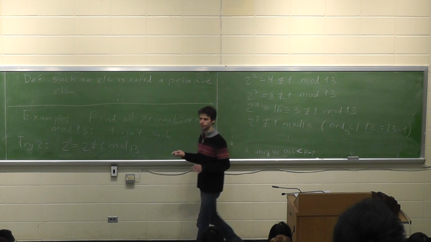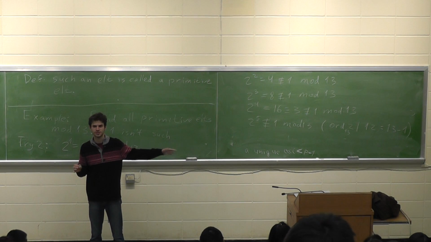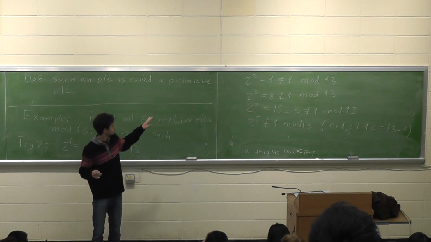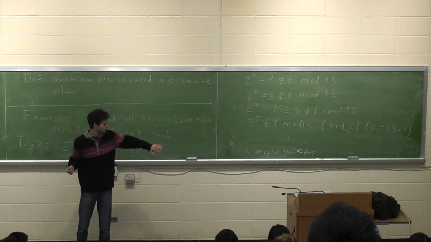So a priori we already know that the order must be a divisor of 12. It could be 2, 3, 4, 6, or 12. But never 5.